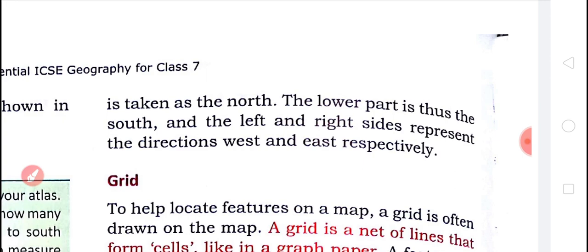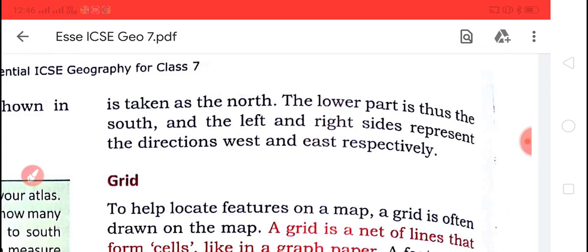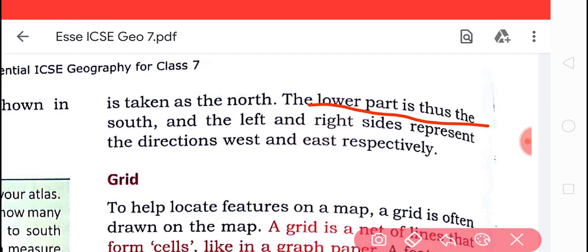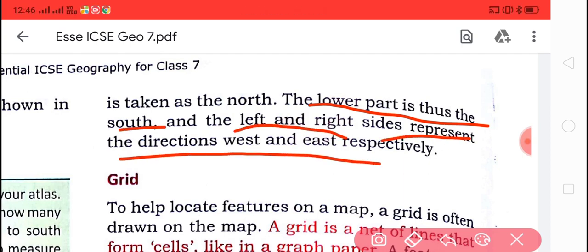That means if you know the upper part of the map is north and the lower part is south, then we can recognize all the directions.